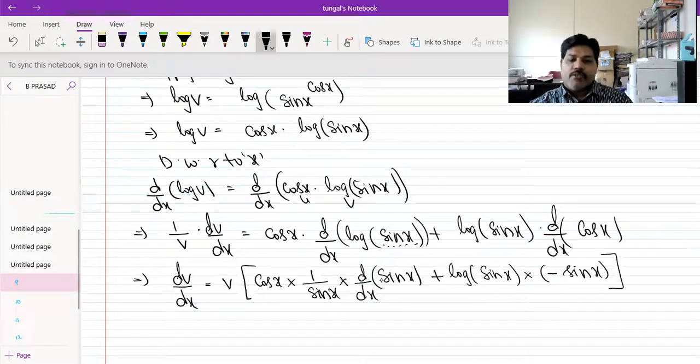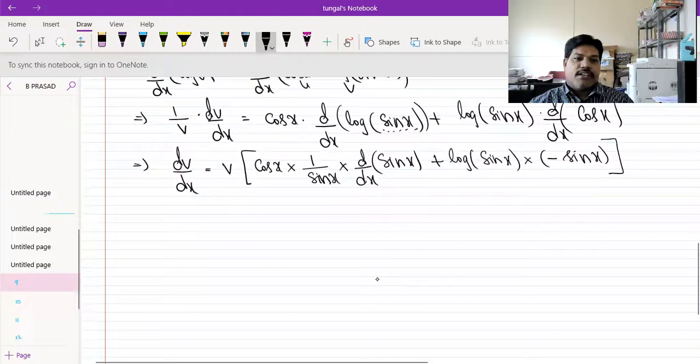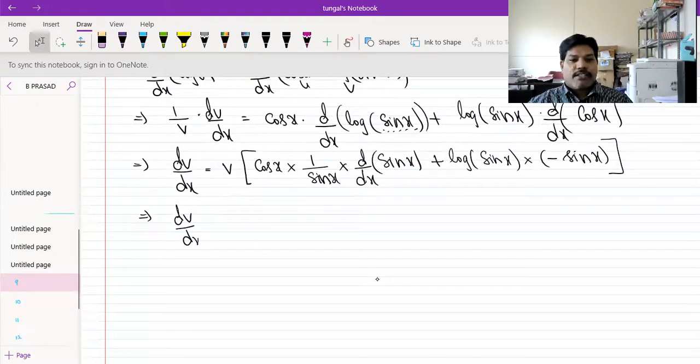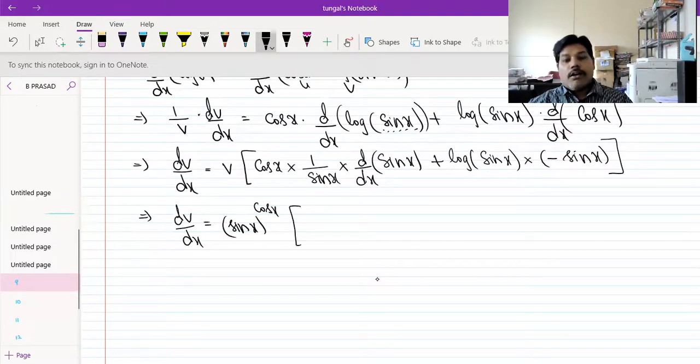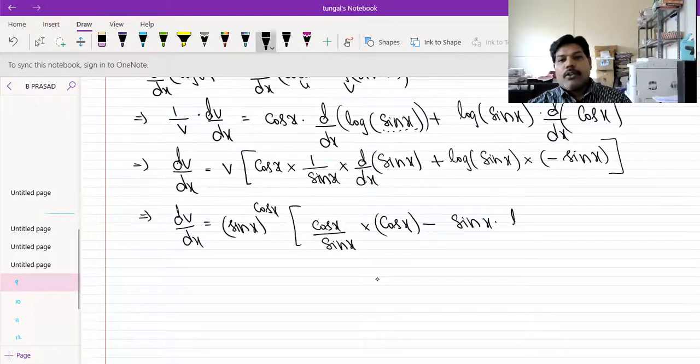So what happens, students? Just simplify the terms. So what we will get is dv by dx is equal to, what is the v value, students? v is nothing but sin x power cos x. Sin x power cos x into cos x by sin x, into, what is the derivative of sine? The derivative of sine is nothing but cos x, minus sin x into log of sin x.